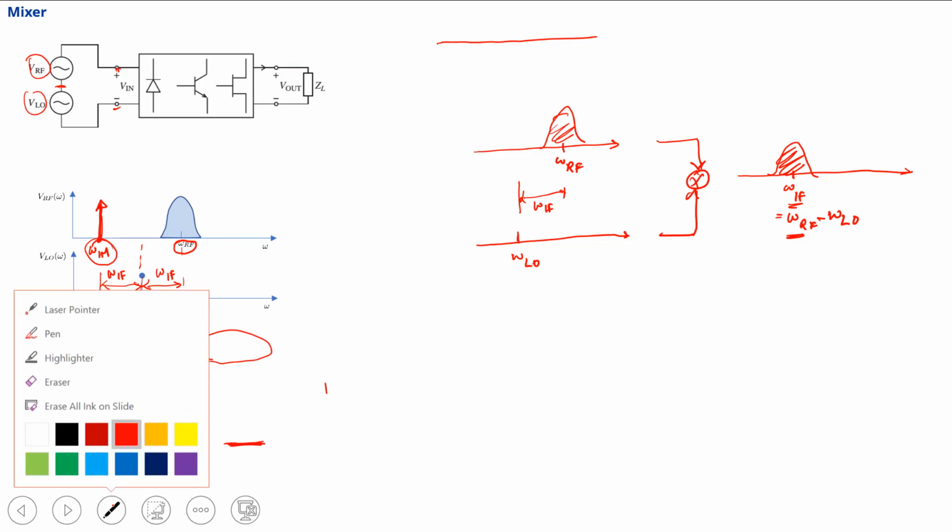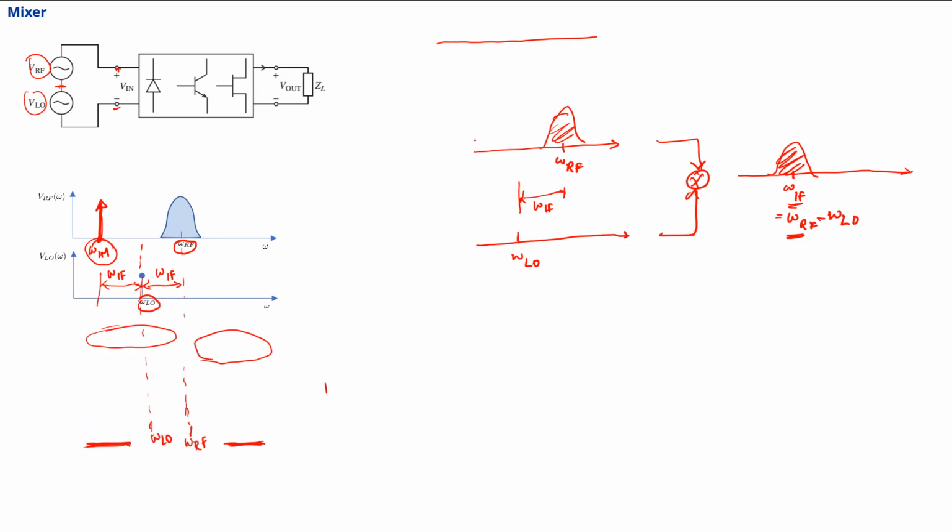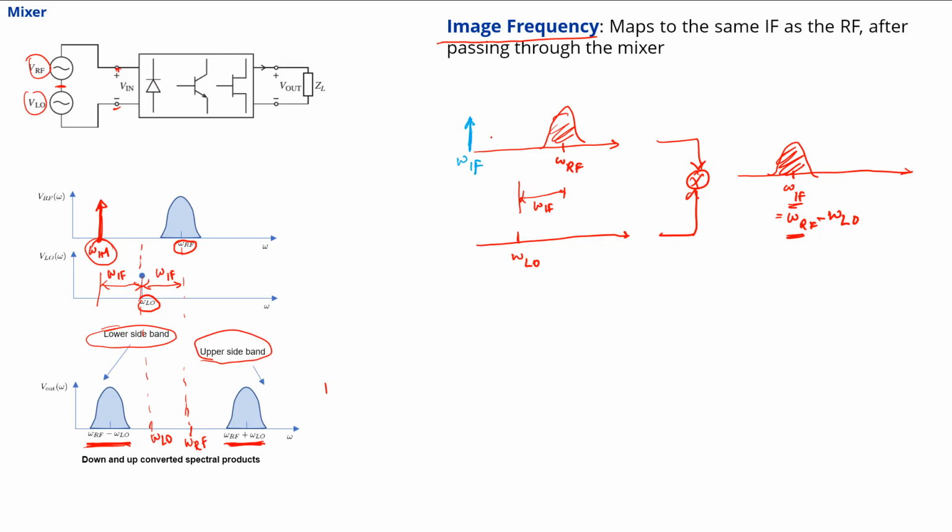If we had a frequency, what we call the image frequency, at a certain location which is equally far, this omega IF, but at a different frequency component lower than the local oscillator frequency, then the output of the mixer is going to appear at the same exact omega IF, mapping to the same exact location.